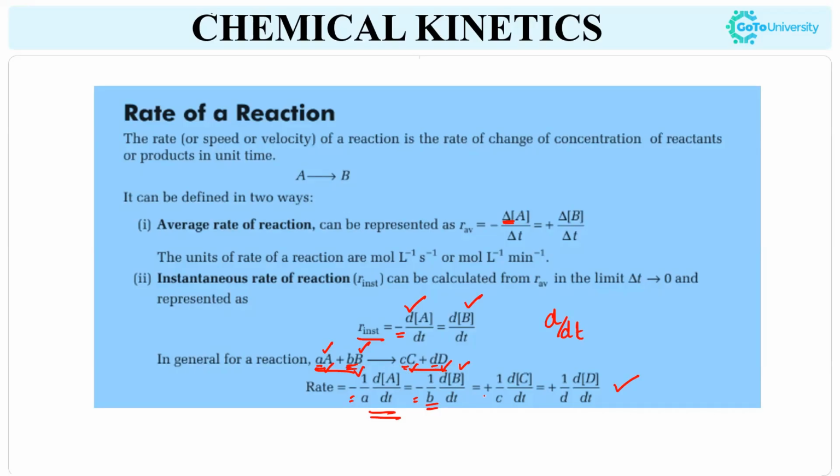So we have to use the positive sign in both cases. And same as before, we use the coefficients 1 by c and 1 by d. So 1 by c d by dt of concentration of C, 1 by d d by dt of concentration of D. This is how we express the instantaneous rate of a reaction in terms of all the reactants and the products.